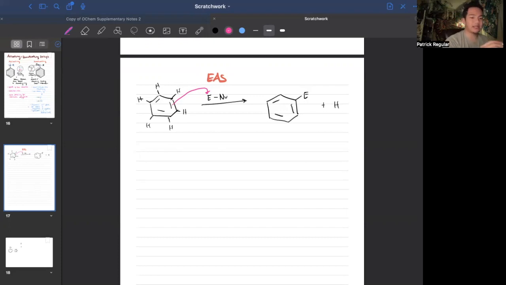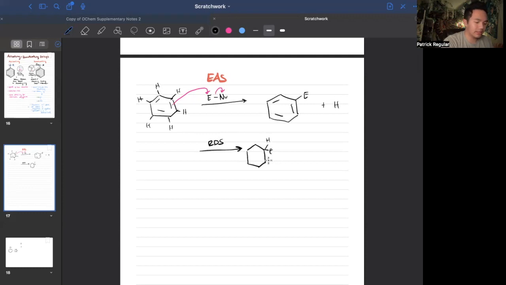So it'll attack the electrophile, and the covalent bond between the electrophile and your nucleophile goes to your anion. When that happens, that's your rate determining step, because remember your rate determining step is your bond breaking step, essentially the formation of your carbocation, to form something like this.